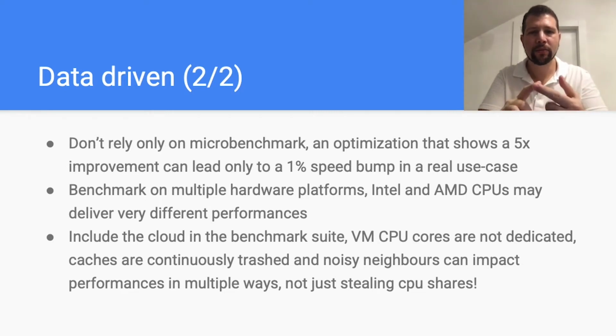It's also important to keep in mind that benchmarks can vary on different architectures. So it's important to use different CPUs, different generations of CPUs, and different architectures of CPUs like Intel and AMD. And also to test on the cloud, especially because virtual machines tend to trash the CPU caches, and it's even worse with noisy neighbors.